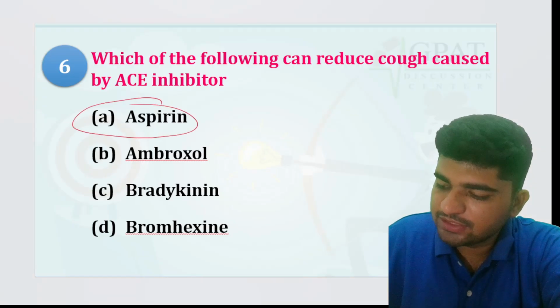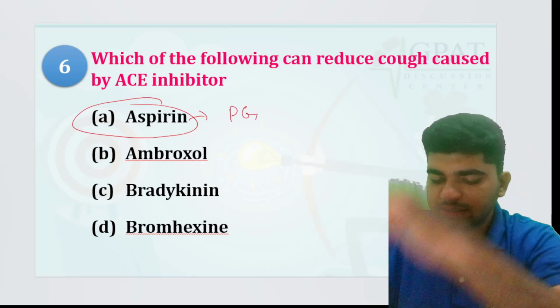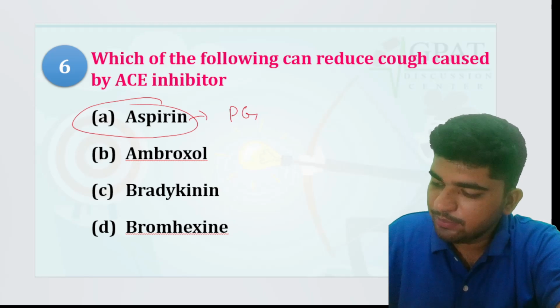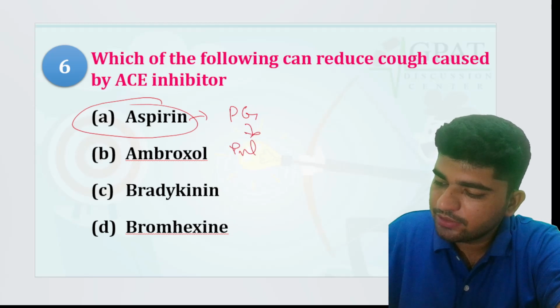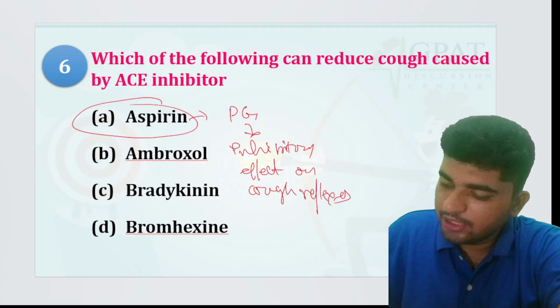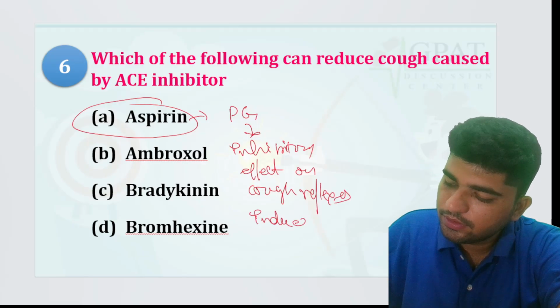Aspirin itself inhibits PG synthesis. This PG synthesis is inhibited by aspirin, and it also has some inhibitory effect on cough reflexes induced by bradykinin.